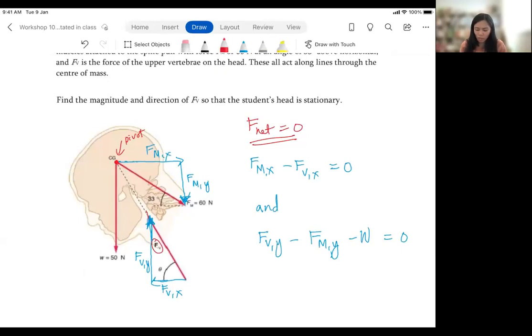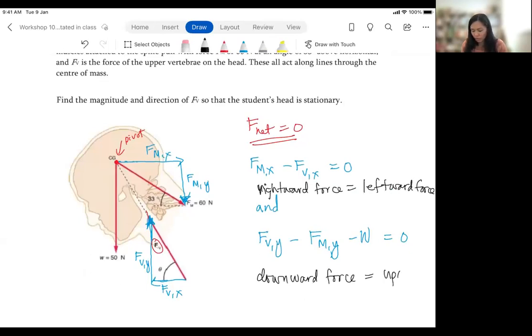The rightward force, FMX, should be equal to the leftward force, and the downward forces should be equal to the upward forces. So the way to solve question 4 is net force equal to 0. You cannot solve it using torques.